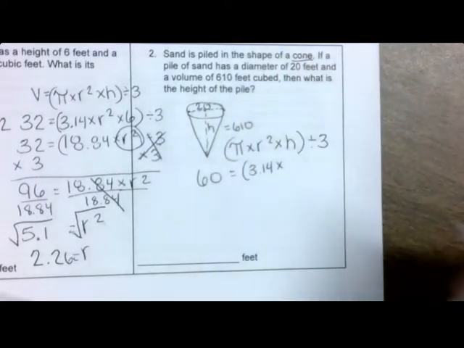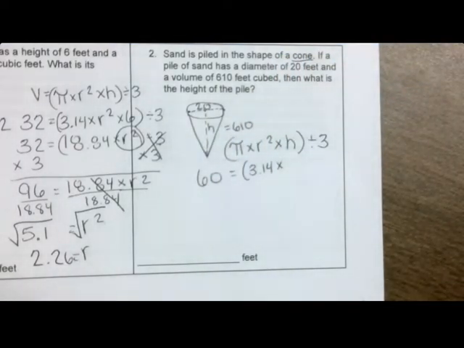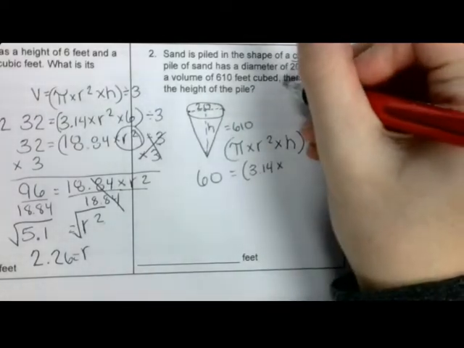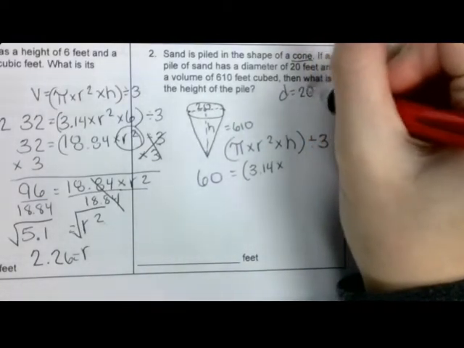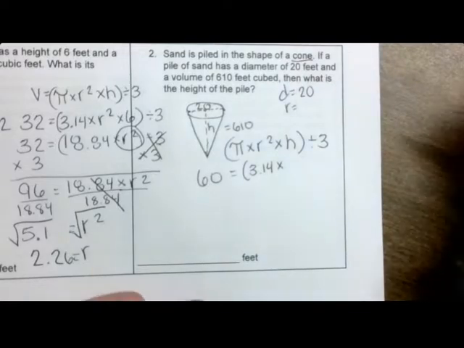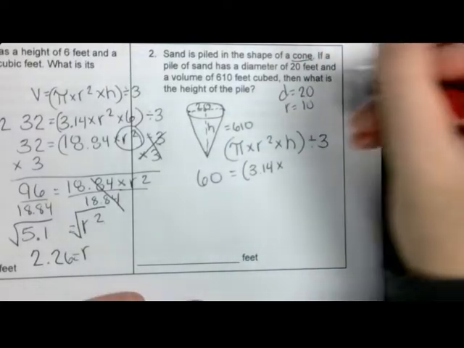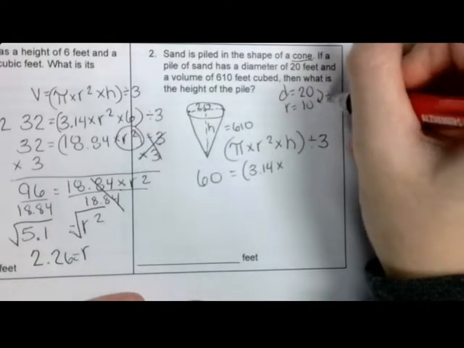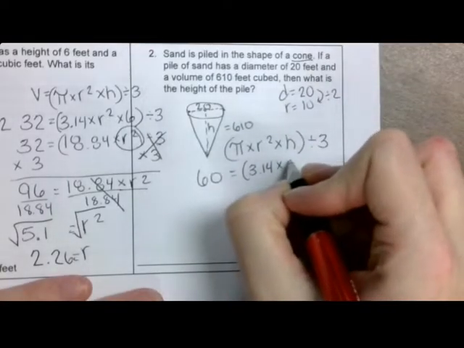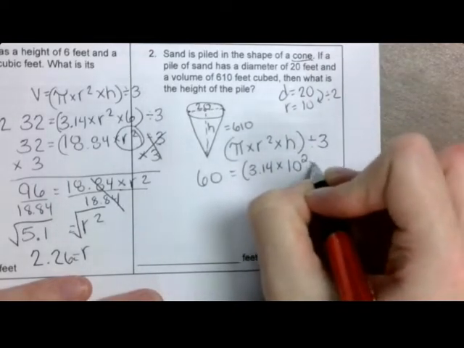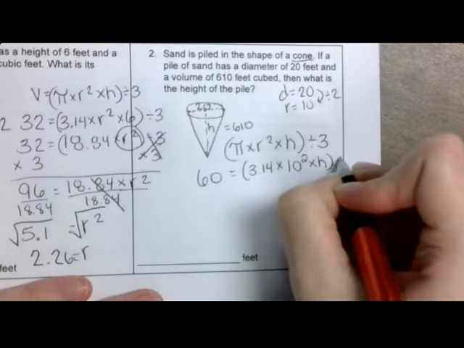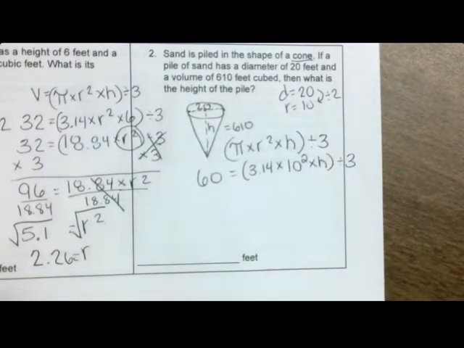What is r? If the diameter is 20, what is r? 10. Good. I divided by 2 and I got my radius. So 10 squared times whatever the height is divided by 3.